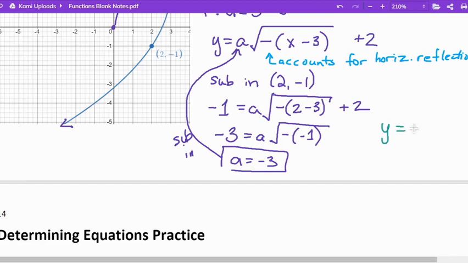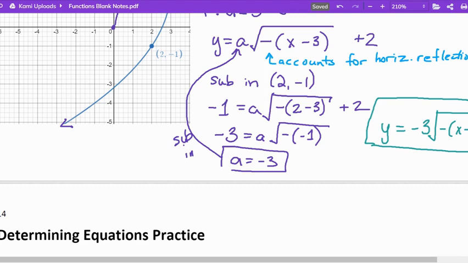Y equals negative 3 square root x minus 3 plus 2. We're keeping it in the factored form because that allows us to find our d value immediately. Okay, so don't expand the radicand, keep it factored.